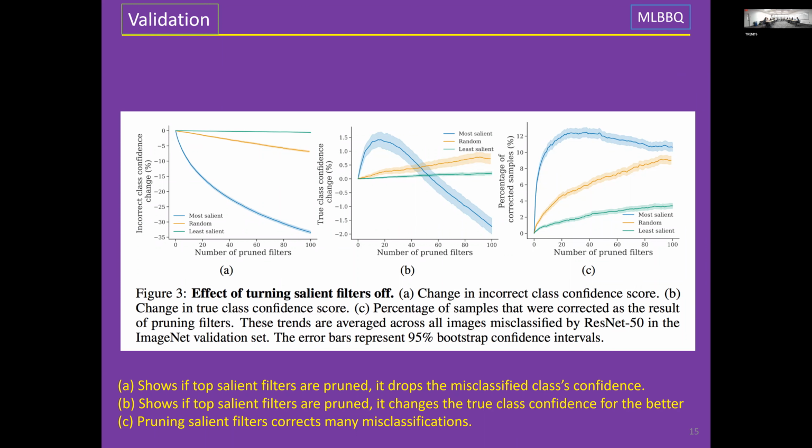In panel A, they show that if they zero out those malfunctioning parameters, the incorrect class confidence actually decreases. In the second one, they show that the correct class prediction increases. And the third one is the percentage of corrected samples. When they zero out those malfunctioning parameters, for some previously wrongly classified samples, the model starts to make correct predictions.